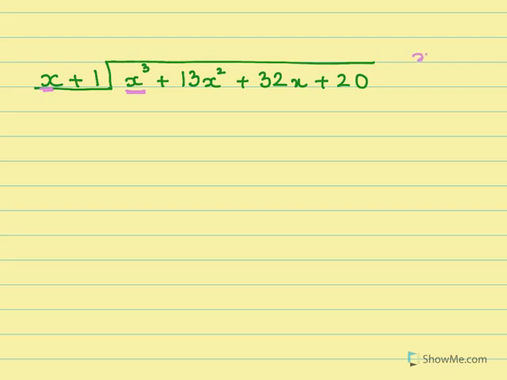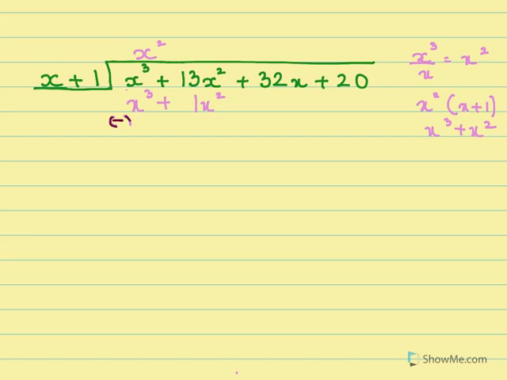Now to divide, we take the first term. So we have x cube over x becomes x square. So we'll write x square here and multiply x square by the divisor, that is x plus 1. So we have x cube plus x square. We need to change the signs because we are going to subtract.